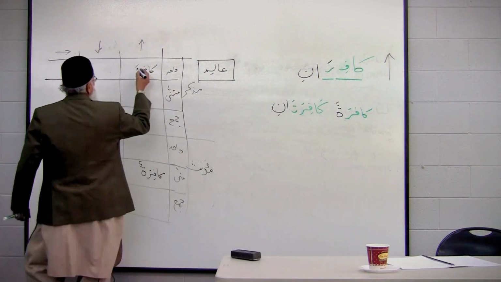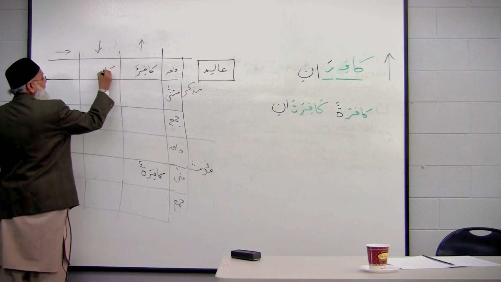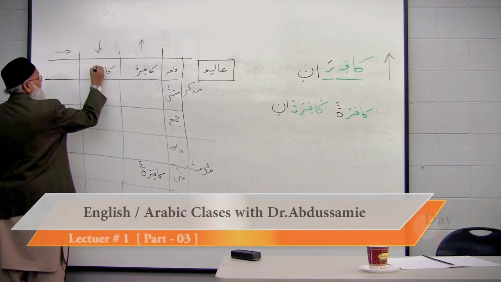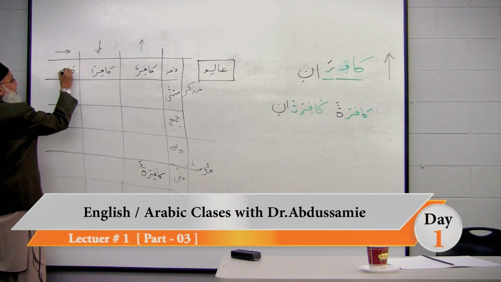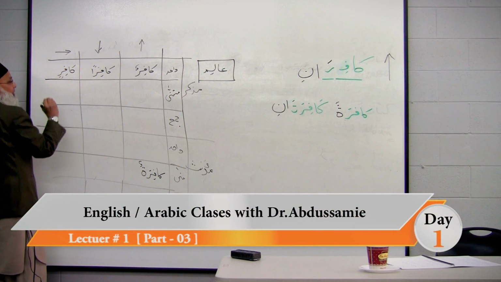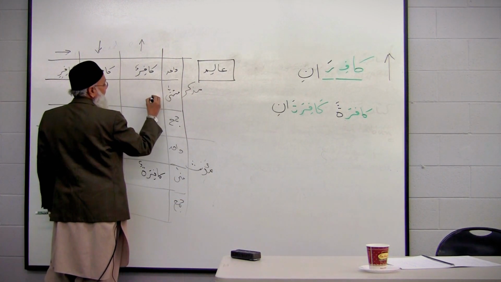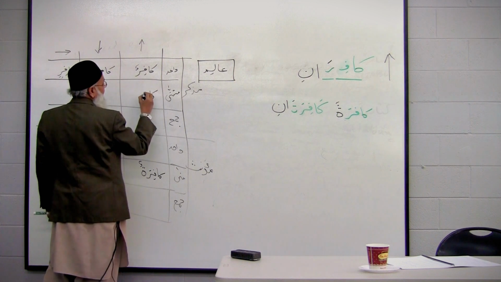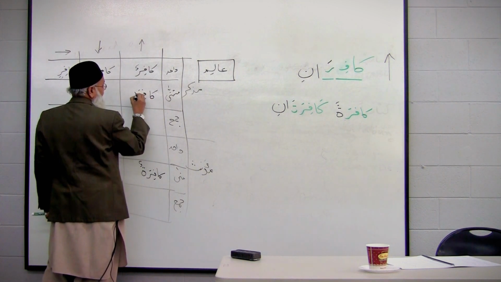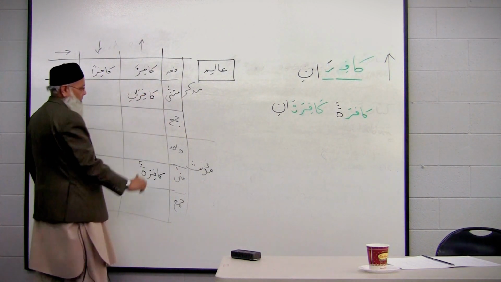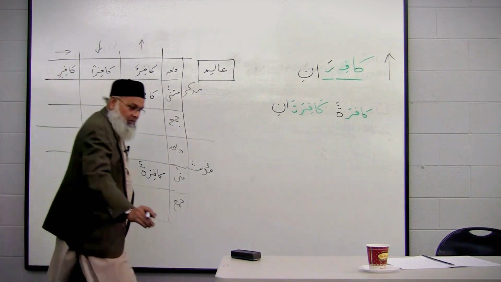Kafiratani. First the wahid form will be kafirun, kafiran, and kafirin. And then musanna in the rafa form will be kafirani. Right? And here again there will be a change.